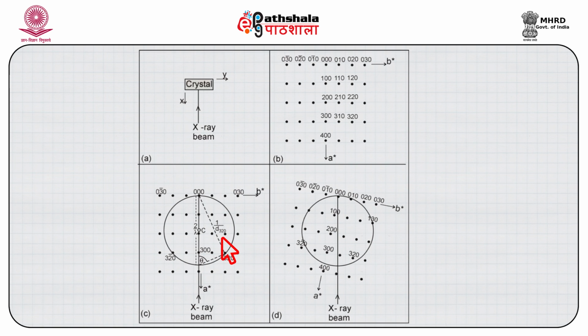this plane 320 which intersects on this circle. In 3 dimensional, this circle will represent a sphere. So, wherever this 2 by lambda diameter circle intersects the lattice point, that will mean that the Bragg equation is satisfied.